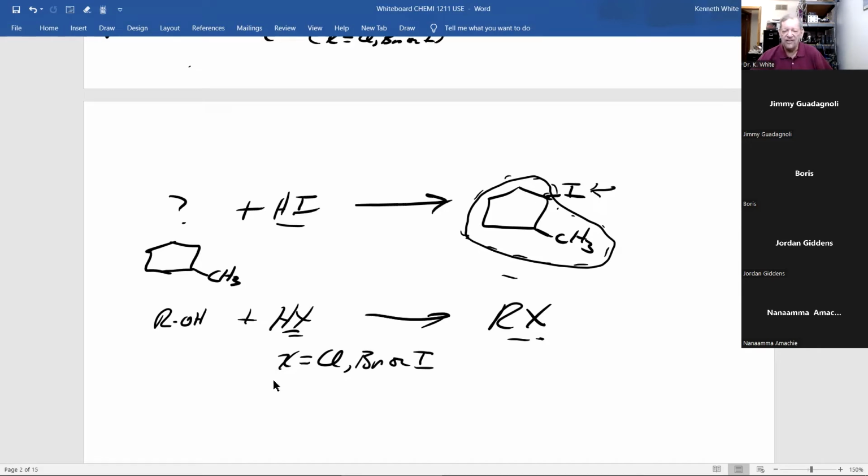Now, the carbon with the halogen will be the carbon you started with the alcohol, which is this carbon. So that's that. And if you take this molecule, react it with HI, you'll make this molecule. And that's how synthesis works. You're working backwards. But that's how you figure out how you make molecules that we use in our everyday life.